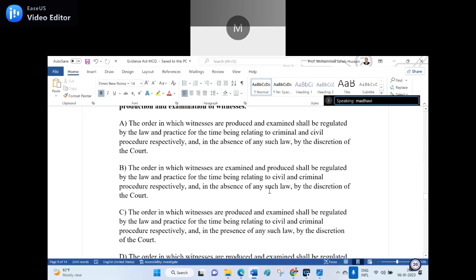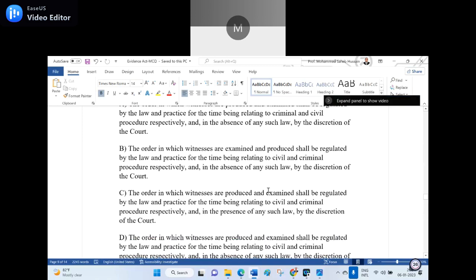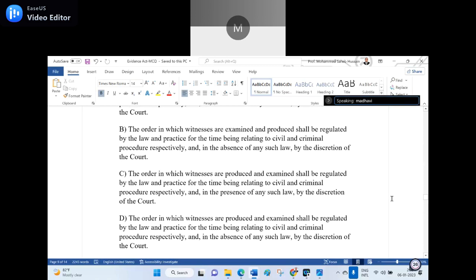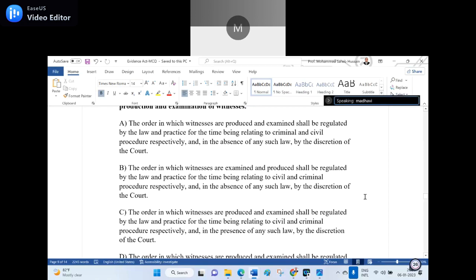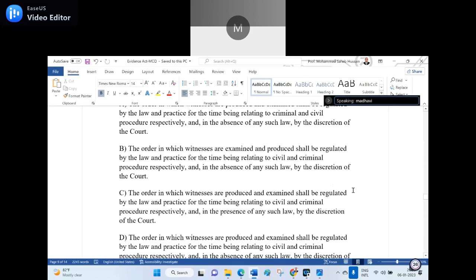Style doesn't matter, even though it is wrong. Just look at it. Students are answering with different options: B, D, A, C. I say correct statement, not wrong statement.